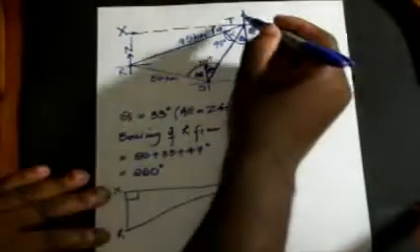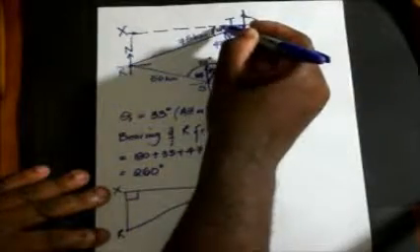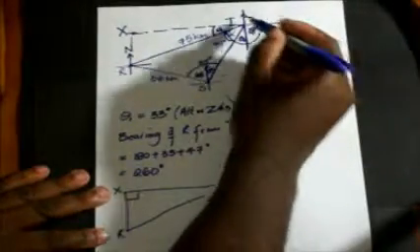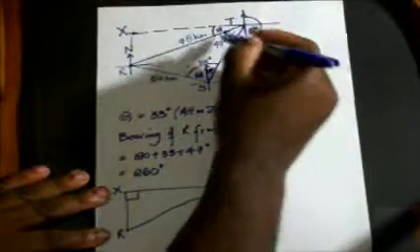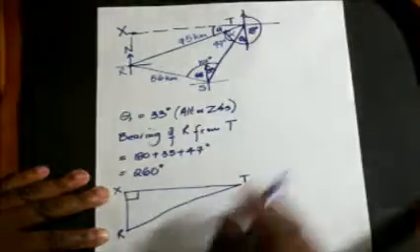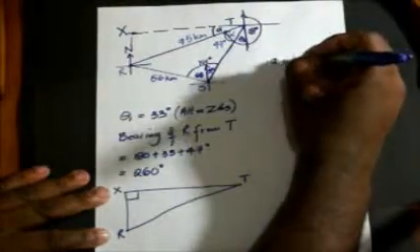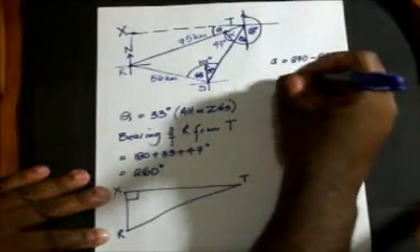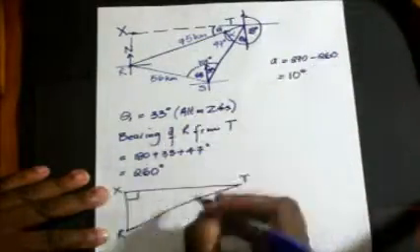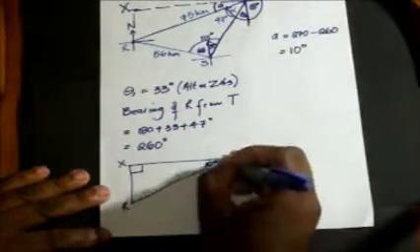From north to west, the angle is 270 degrees, but from north to line TR is 260 degrees. It means that angle A is equal to 270 minus 260, which is 10 degrees. So this angle here is equal to 10 degrees.